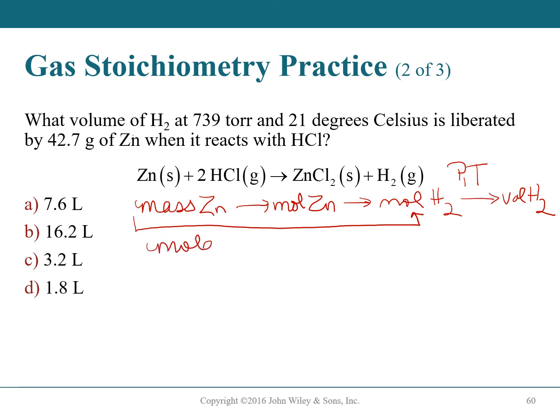So the molar mass of zinc, just look it up, and we get something like 65.38. And if we look at our mole-to-mole ratio on our balanced equation here, we find that the mole-to-mole is 1:1.